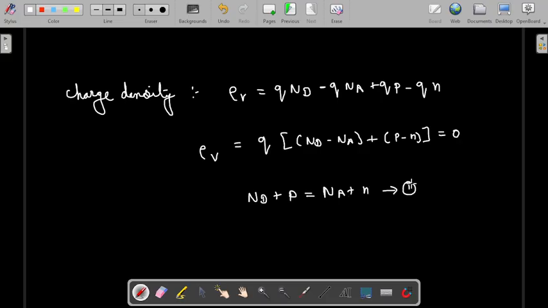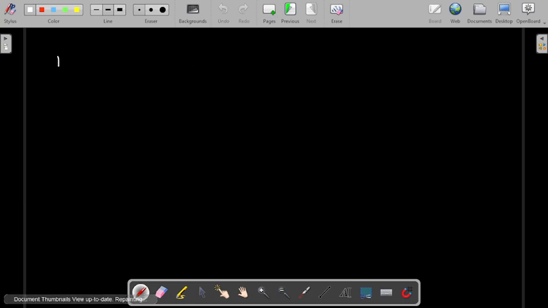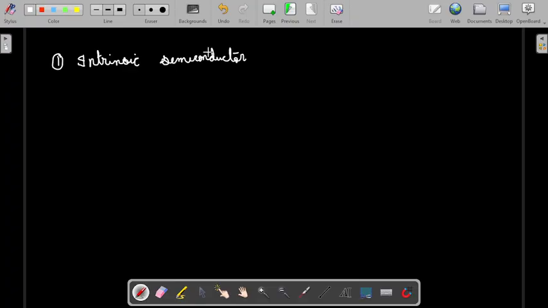Please make a note of it. Let's take each semiconductor type and relate all these values. The first type that we are going to take is the intrinsic semiconductor. These topics are not redundant. This kind of explanation will give you how the charge neutrality and charge behavior works in different things. This may or may not be in your college syllabus, but it will help you understand the core subjects.